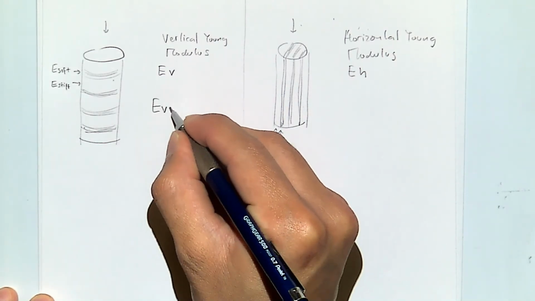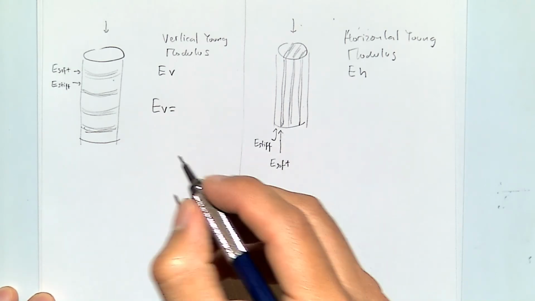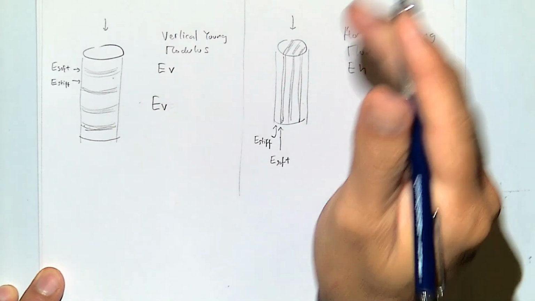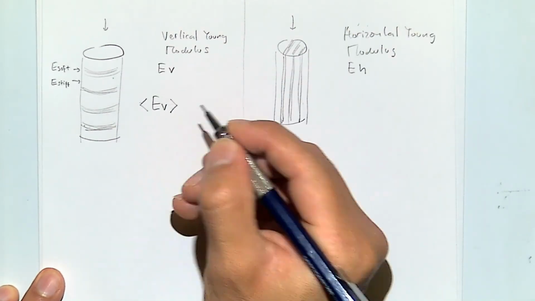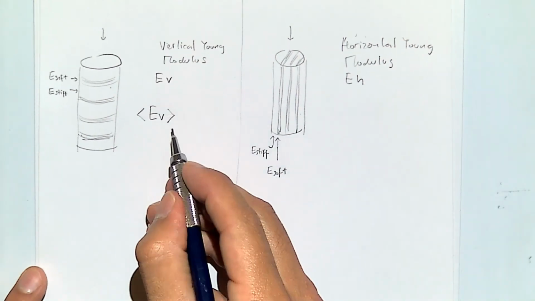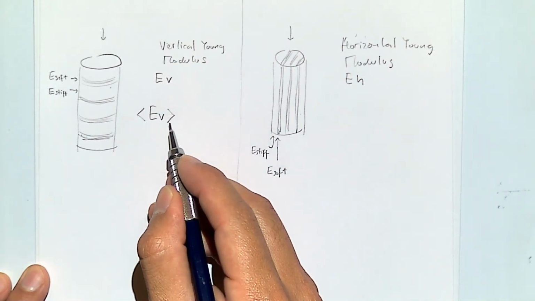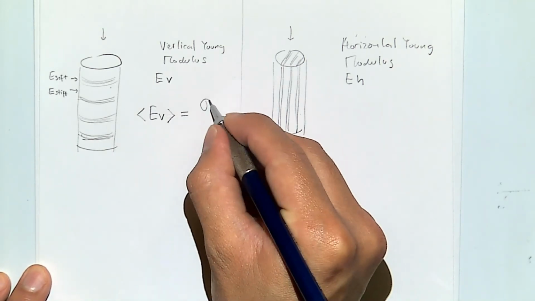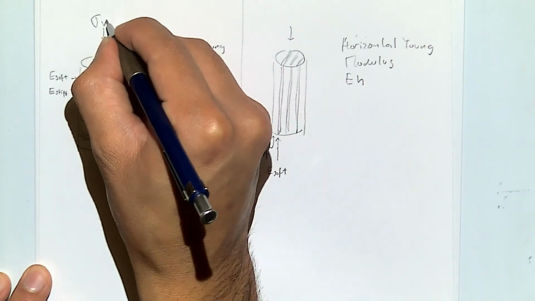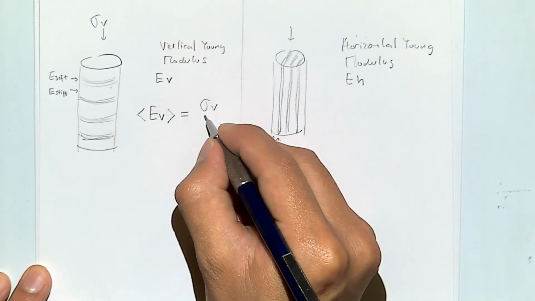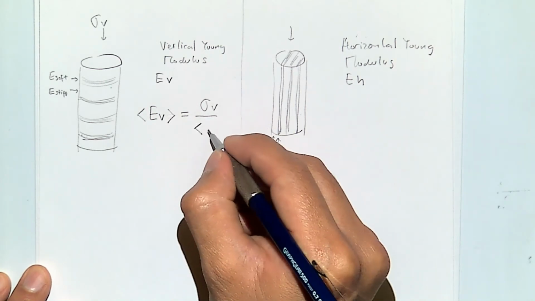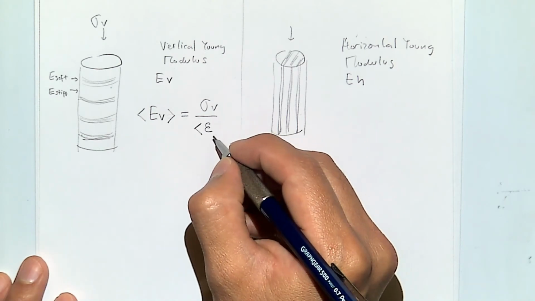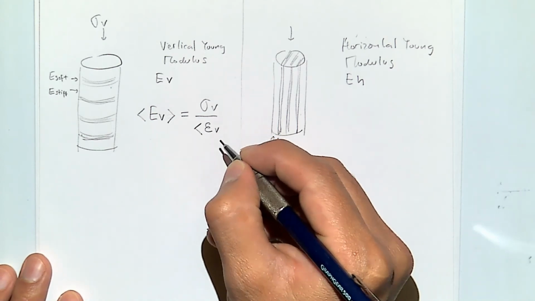The vertical Young modulus is actually going to be what is called a volume average of this entire thing, and these brackets are going to mean that. It's going to mean a volume average of the applied stress, which is going to be sigma v, divided by the total strain in the vertical direction.